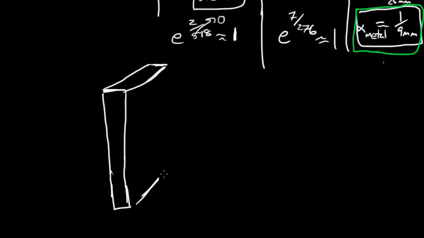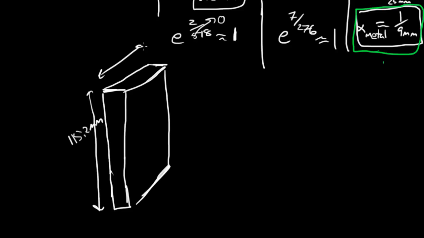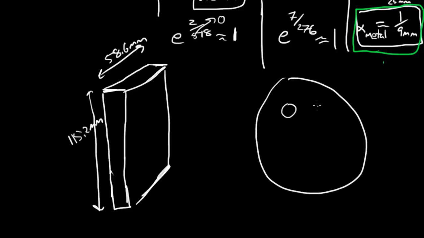Okay, there's my 3D phone. This dimension here is about 115.2 millimeters. This dimension is 58.6 millimeters. The user is over here, the brain.